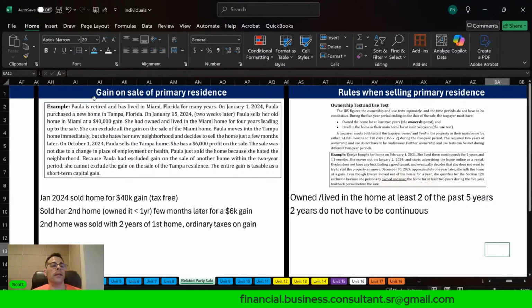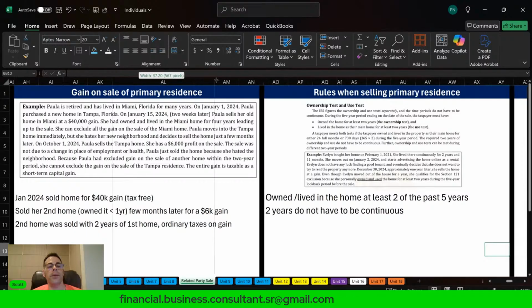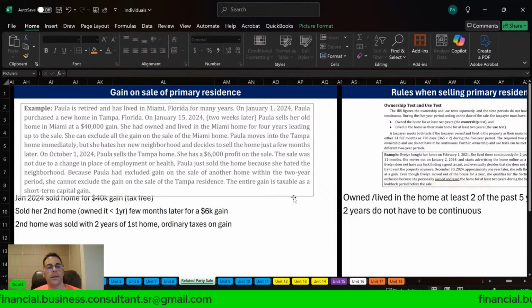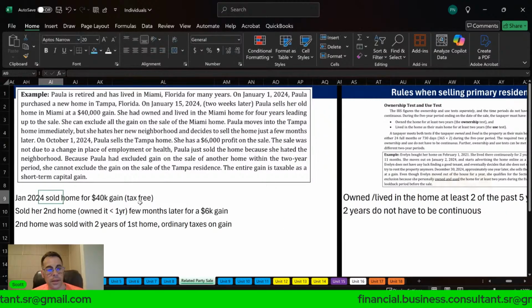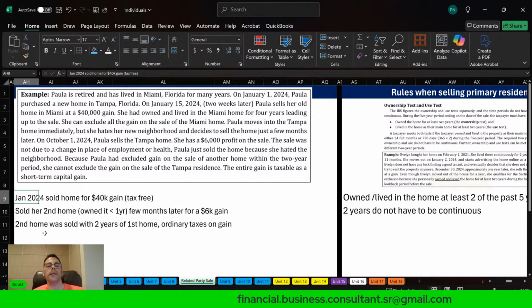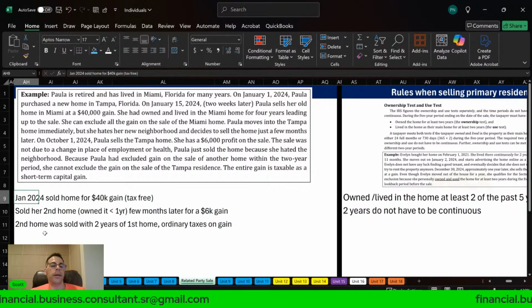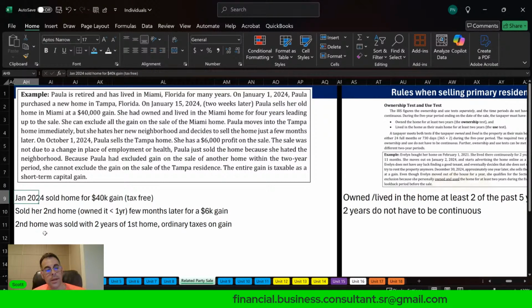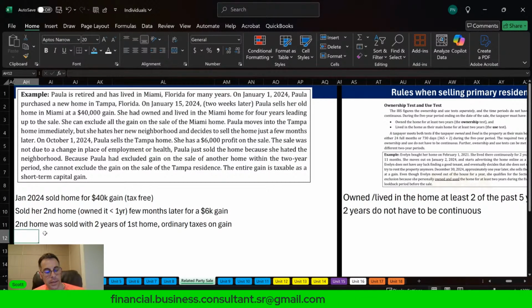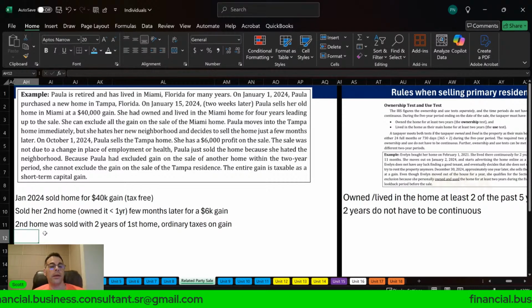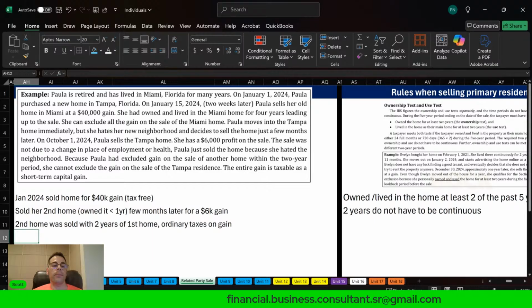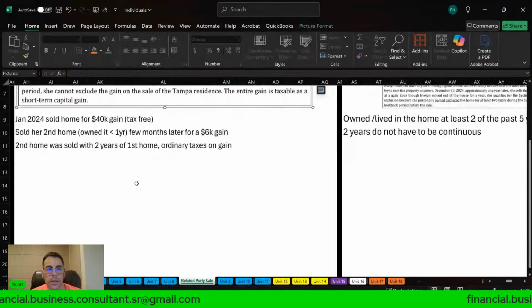Here's something I used once, and I'm glad my CPA told me, but I should have known this. Bill Clinton passed this tax break into law in 1997, where if you sell your primary residence at a profit, do you guys know that?